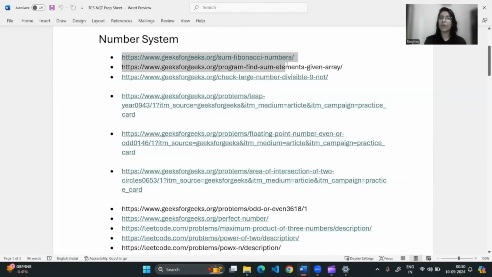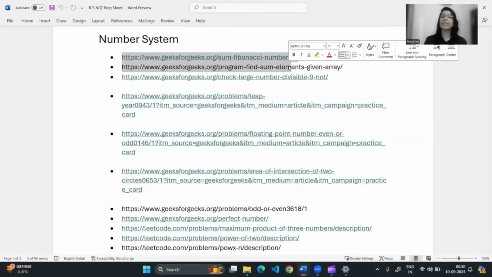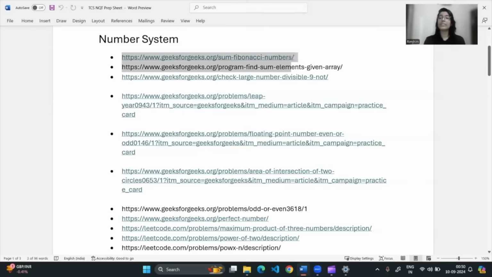In 2024, there was a question based on the Fibonacci series in which you have to calculate the sum of n terms in the series. These sets also cover questions on different arithmetic operations, such as a question based on divisibility that was asked in 2024, where you are given a number and you have to check whether that number is divisible by 9 or not. There is also a question based on Armstrong numbers, where you have to return true if it is an Armstrong number, otherwise return false. So these are the questions based on mathematics.